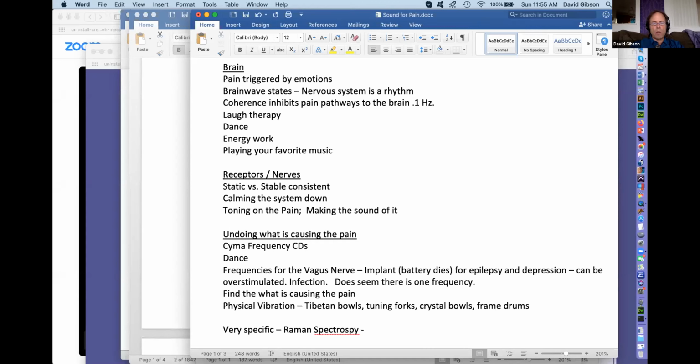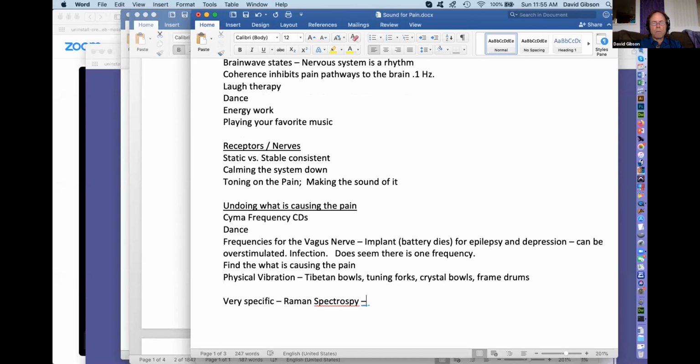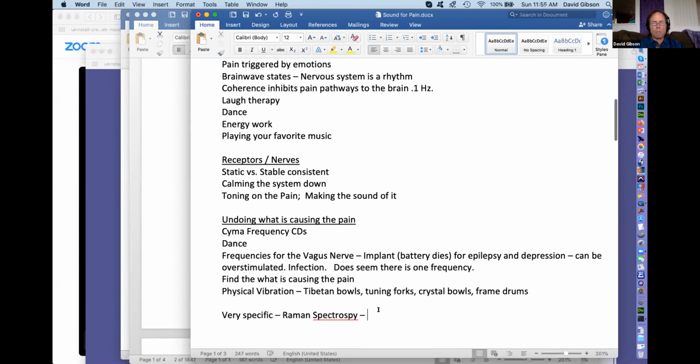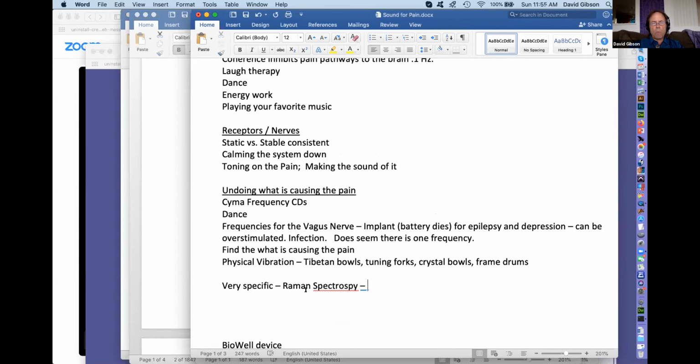So ultimately we could have to have a very specific device, which could be something like MRI or this Raman device, or even different devices, the BioWell or the nutrienergetic system. So you're right, we might need a very specific system to monitor and assess that specific person. But the other part that you mentioned is whether you're working on what's wrong or what's right. And that's important as well.